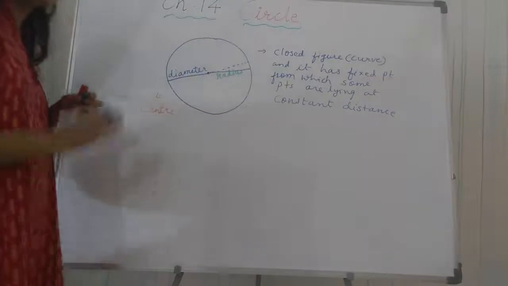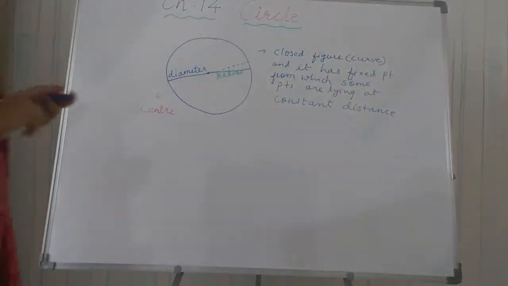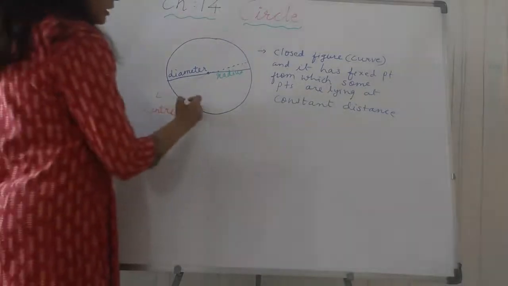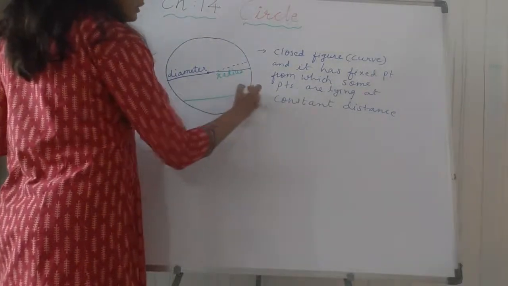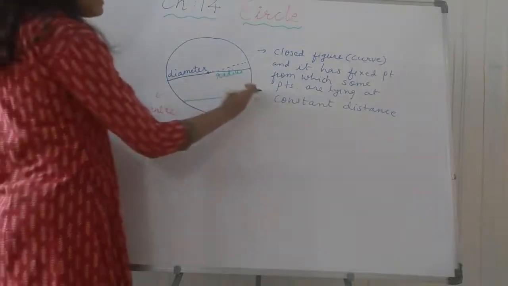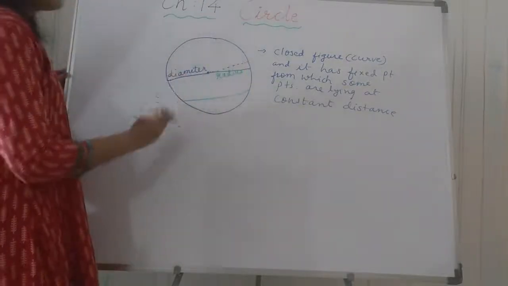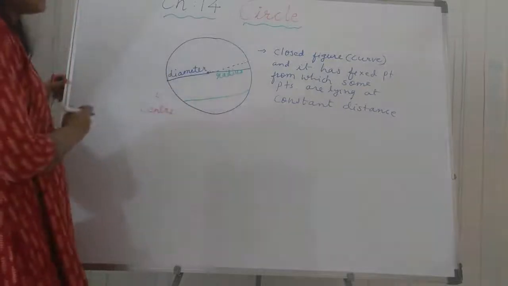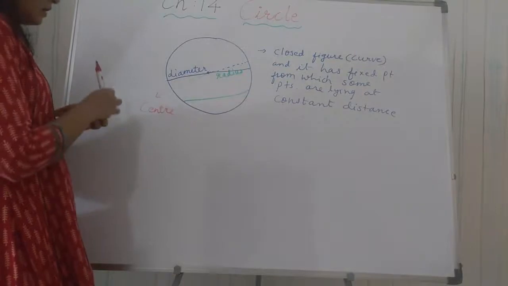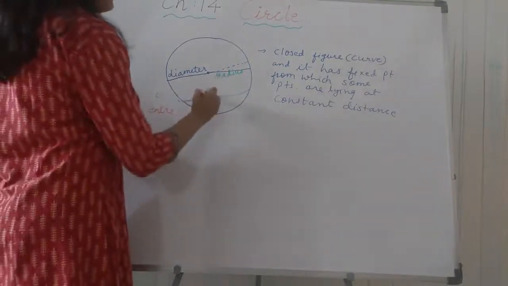So these are the basic understandings about the circle. One more thing, that is chord. Anywhere in the circle, if a line segment is drawn whose endpoints lie on the circle, or you can say on the circumference of the circle, then it is said to be a chord. So here, this is the chord.